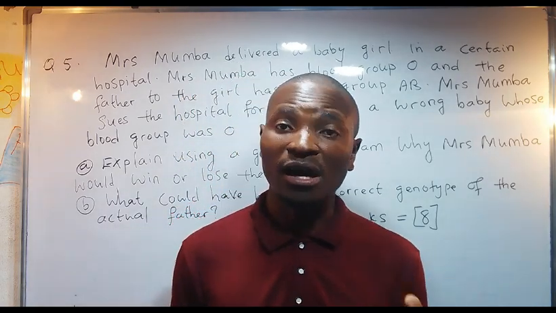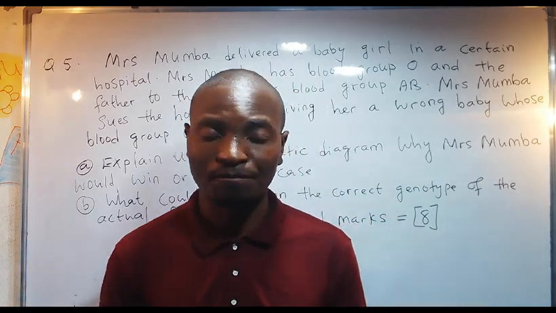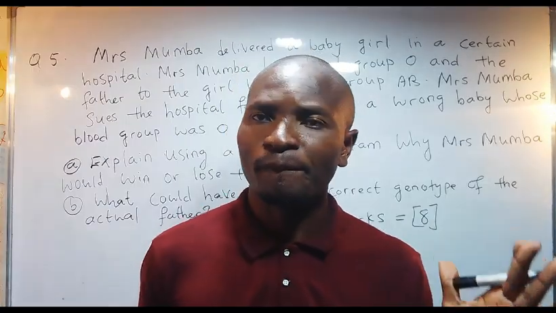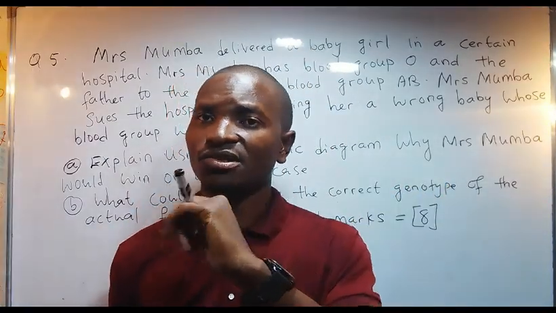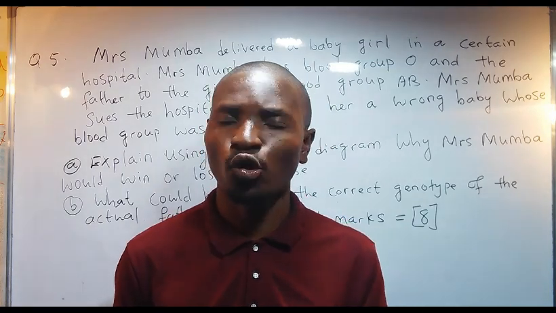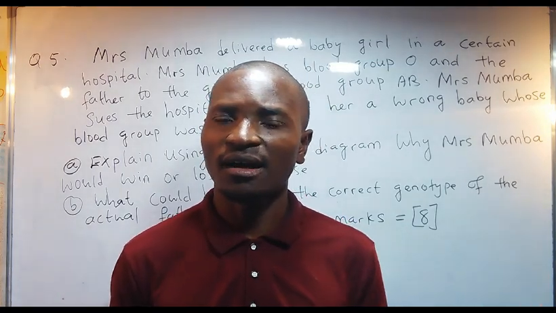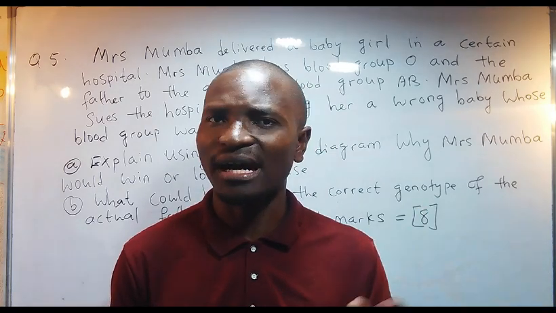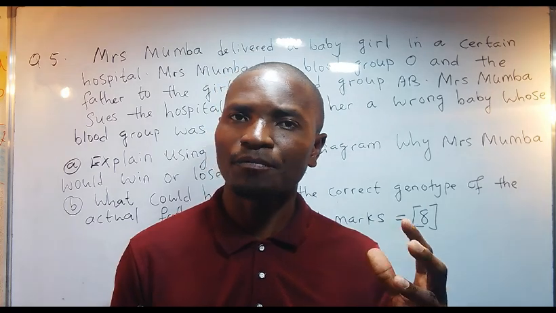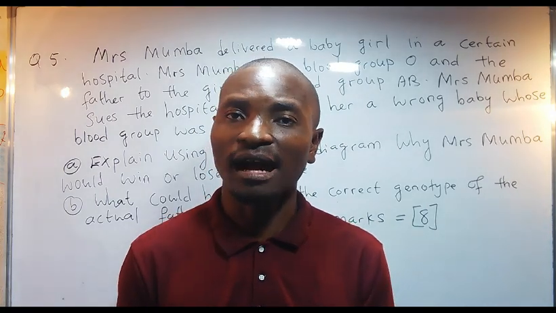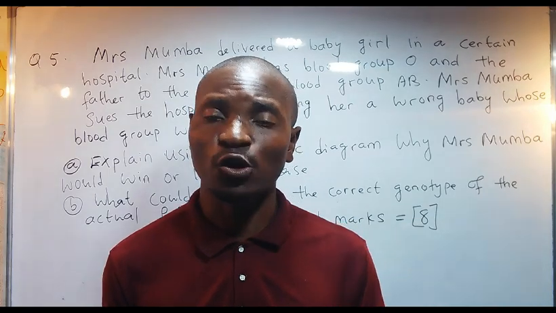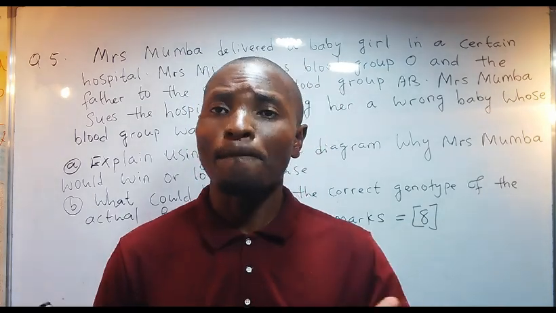I want you to understand one thing: when you're talking about blood groups, it's different from talking about inheritance of, for example, genetic diseases like color blindness, hemophilia, albinism and other genetic diseases. In this video we are just talking about blood groups.